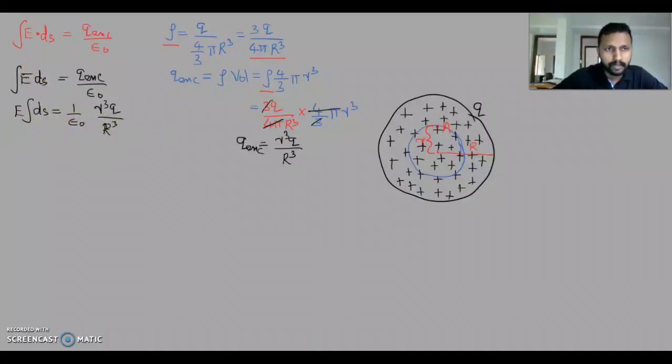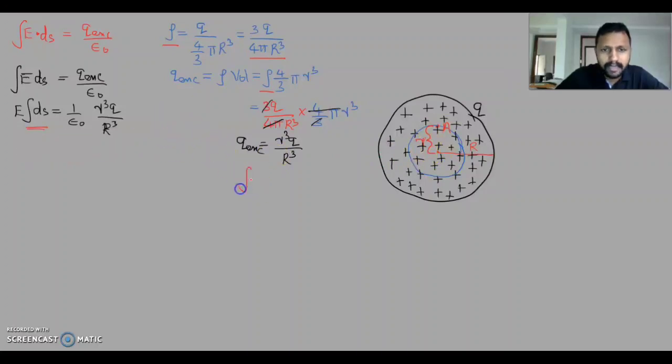Therefore, we are getting an equation like this, and from this, what is integral of ds? Integral of ds is the total area of the Gaussian surface. The radius of the Gaussian surface, the blue color sphere, is small r.